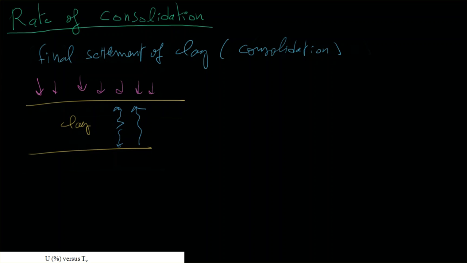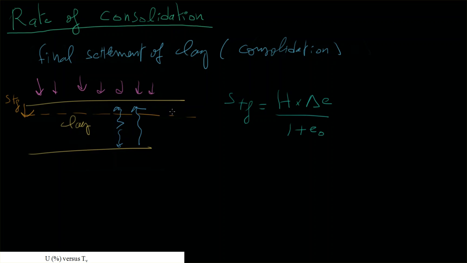Thus, the void ratio is decreasing, and we notice that the clay layer is shrinking by a value of STF. STF is the final settlement value, and we define that to be the height of the clay layer times delta E over 1 plus E naught.